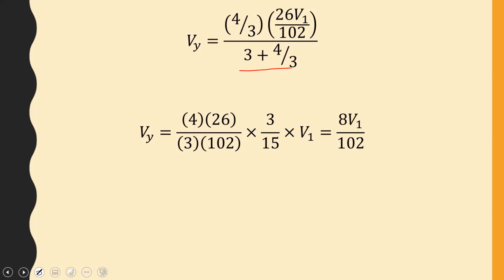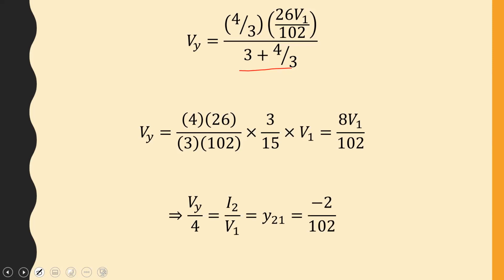Once we found Vy, then we can find I2, which of course would be going in the opposite direction to the flow of the current, so it will be negative. So we get -2/102.